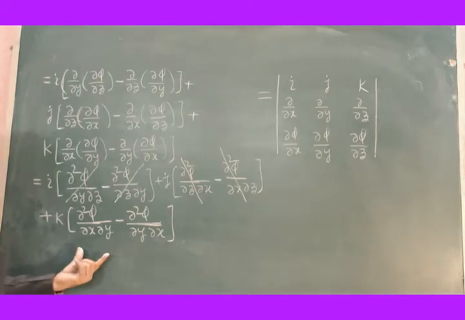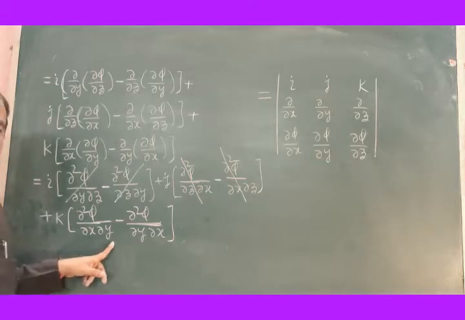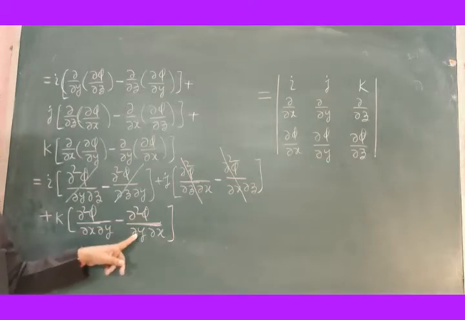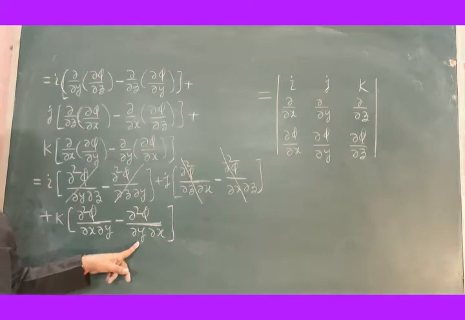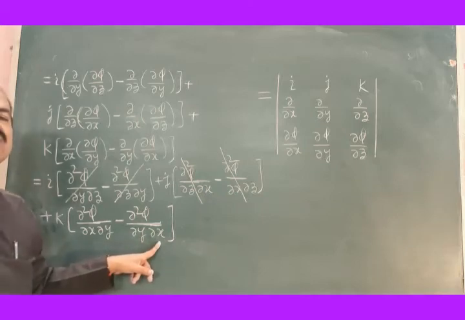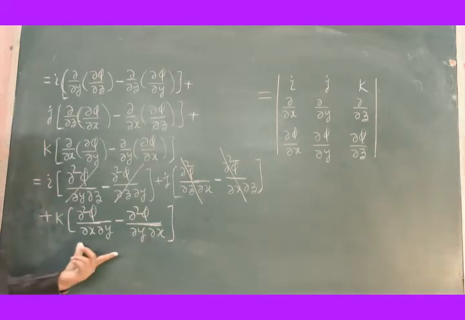Come to this one. What is the meaning of this? Phi first differentiated with respect to x, then differentiated with respect to y. Phi first differentiated with respect to y, then differentiated with respect to x.